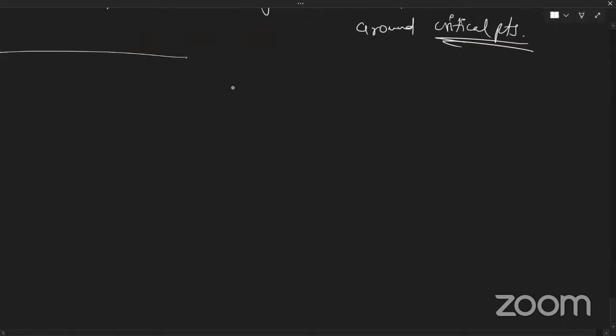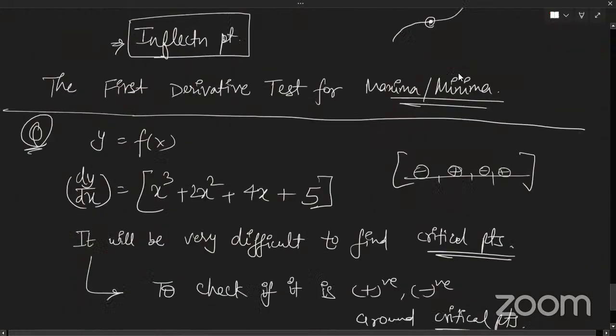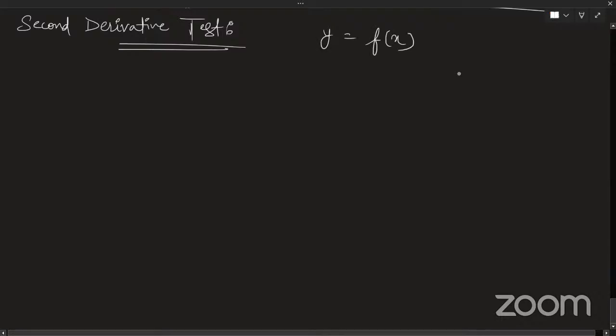So instead of doing this thing, if the function gets very complex, we have another method which we call the second derivative test. So what is the second derivative test? For example, I have a function f of x.